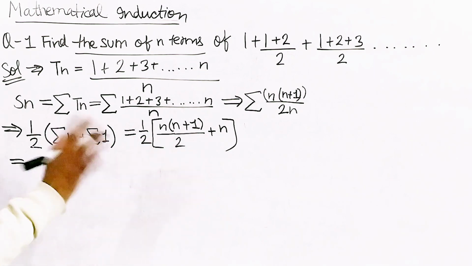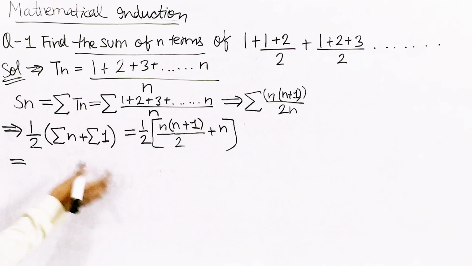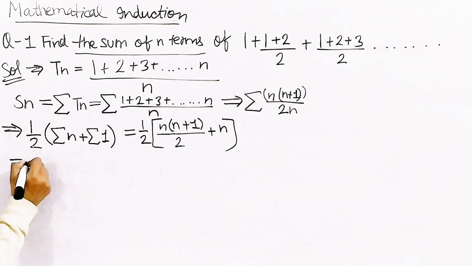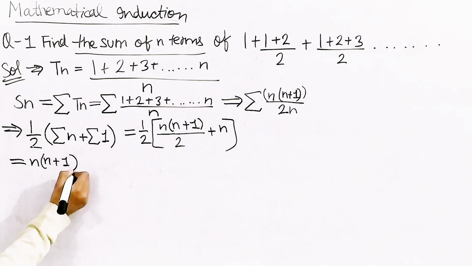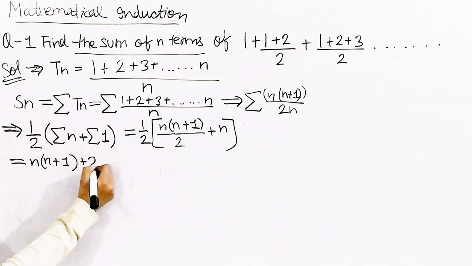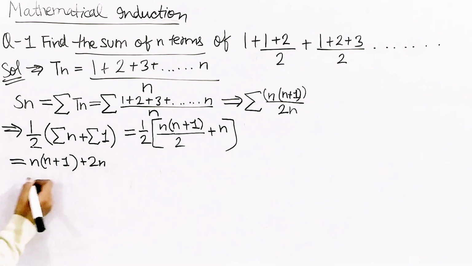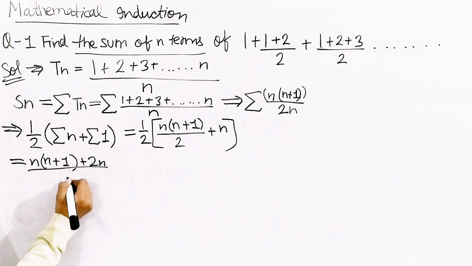Some calculation will be there, and then we're gonna get this answer: n plus 1 plus 2n plus 2n upon 4. Got it?